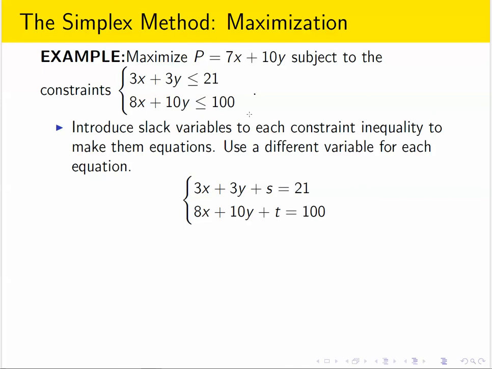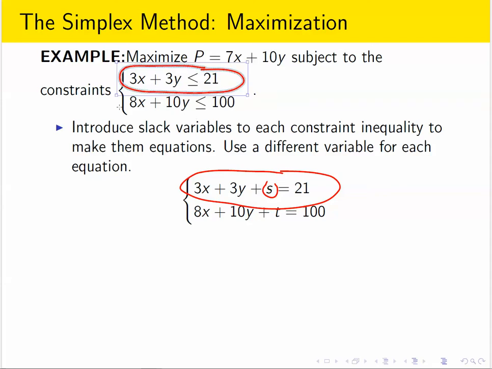The first thing we do is introduce slack variables for each inequality. So this first inequality, we introduce a slack variable s so that we can write an equation instead. For the second inequality, we introduce a new slack variable, t.